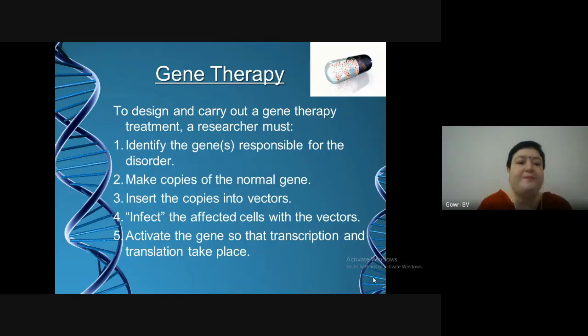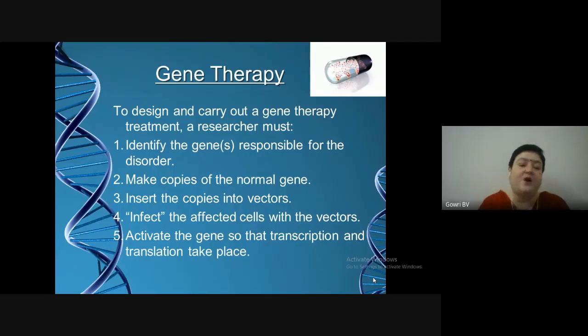The next step is making copies of the normal gene. Inserting one gene into one vector and getting 100% success is in no way possible in genetic engineering. You have to synthesize the normal gene in larger proportion or in larger number. So you have to make copies of the normal gene, and you need a vector system to insert them because naked DNA usually gets dissolved or dissociated.